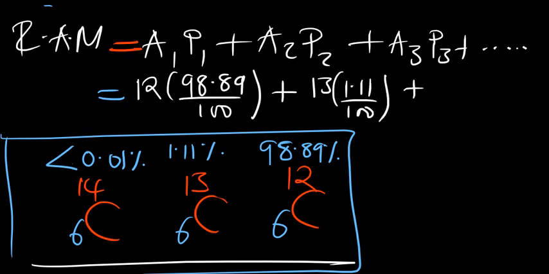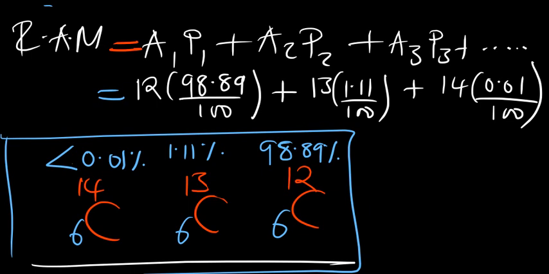And then for carbon 14, 0.01 divided by 100, that is useless for me. I can even omit it if I want, that's too small to make a difference. So grab your calculator and try to compute this and see what you're going to have.